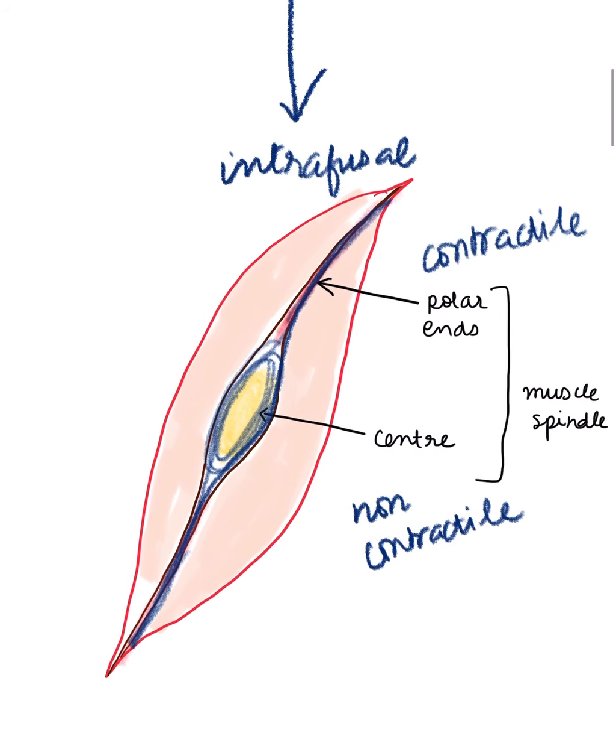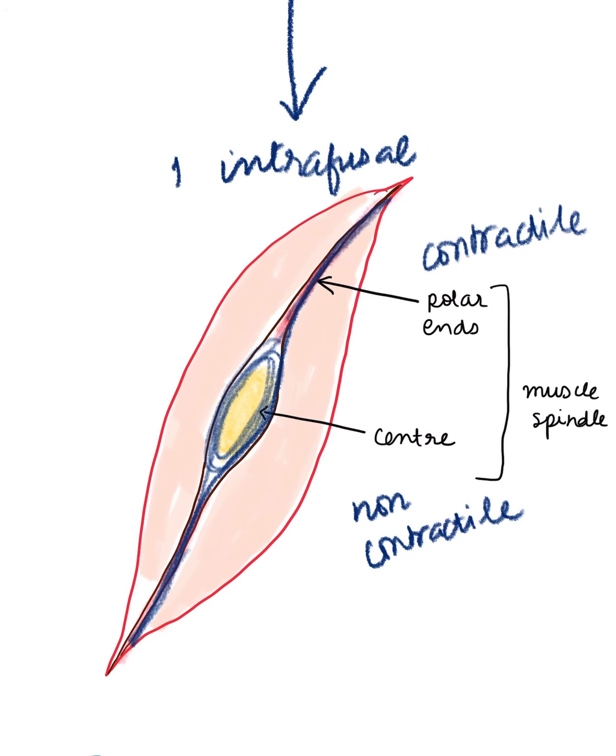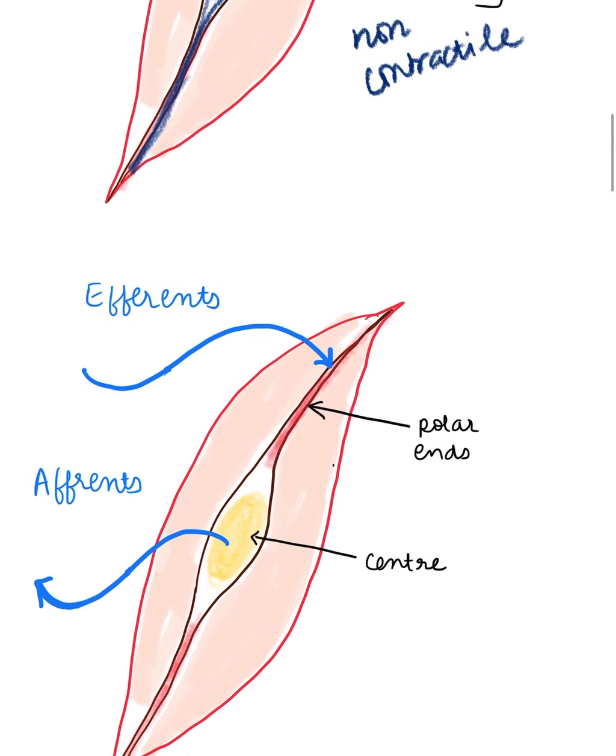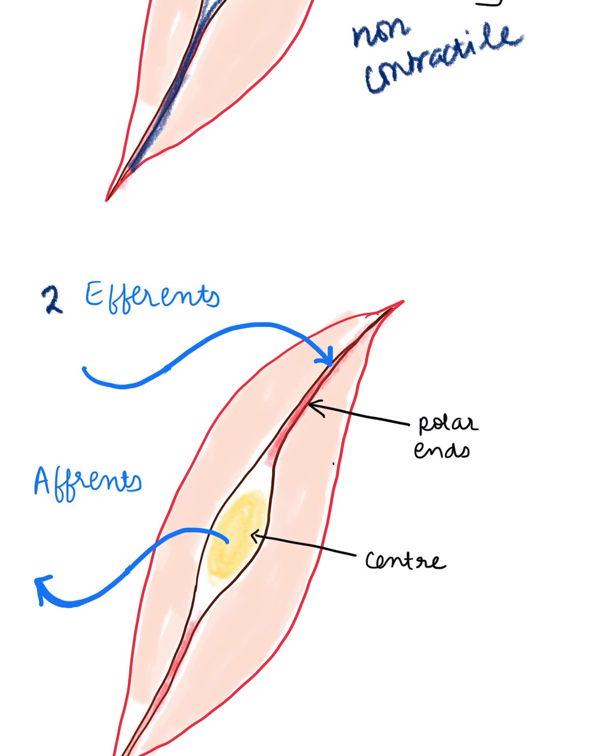So what we studied, muscle spindle consists of intrafusal fibers. There are types of intrafusal fibers. Apart from the intrafusal fibers, it consists of two other important parts: the efferents and the afferents.